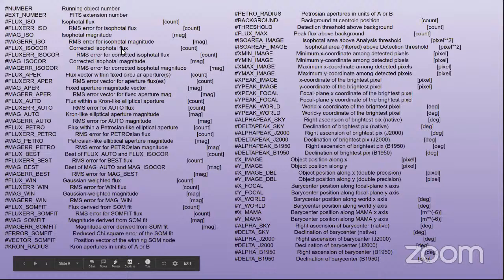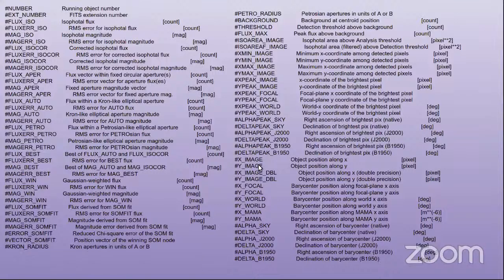The most important ones which I have used are x of the image, y of the image, and the a, b values. X and y give the position in the pixel frame, and A and B will be in the sky plane. So these both will be connected by the theta.